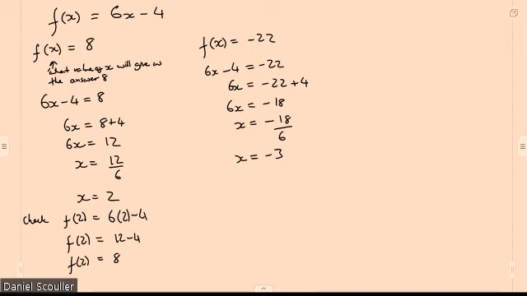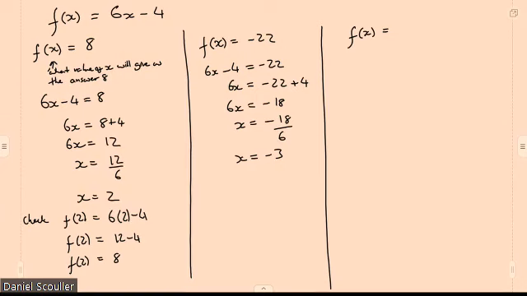Alright, so just rearranging that, x equals minus 3. Last week's example using this one is the exact same.